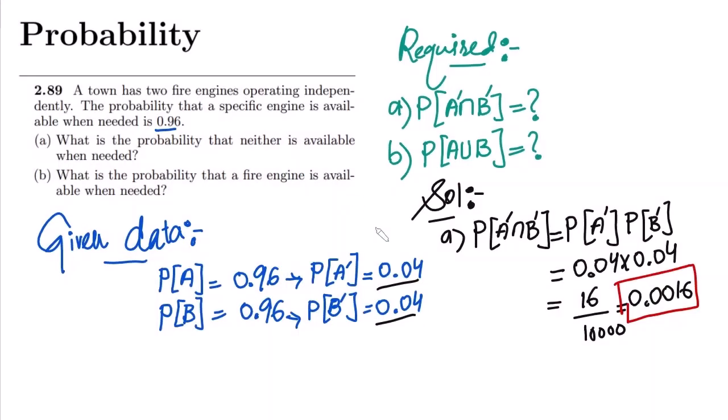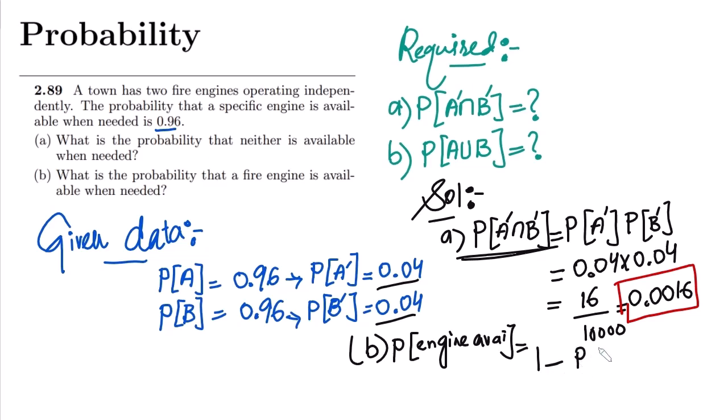Now in order to find the solution of part B, we need to find out the probability that a fire engine is available. Okay, so in order to find the probability of the engine availability, we can also find it out from the probability that none of the engines is available and subtract it from 1. So here we can write 1 minus probability that none is available.